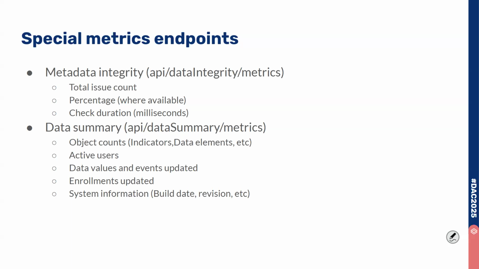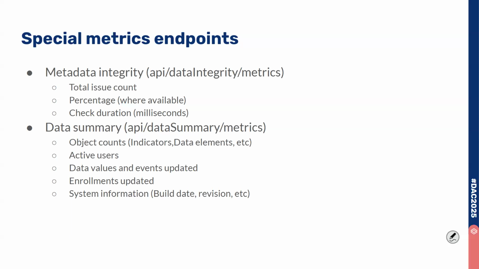There are two special endpoints that we've added that are long-term metrics. These are related to data integrity and all of the metrics that are available in the data summary. The metadata integrity, we explained this in the talk yesterday, but there we expose all of the metadata integrity checks in this Prometheus text format. And so Prometheus can basically scrape this endpoint.